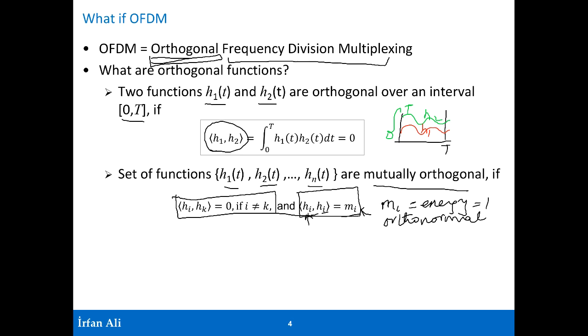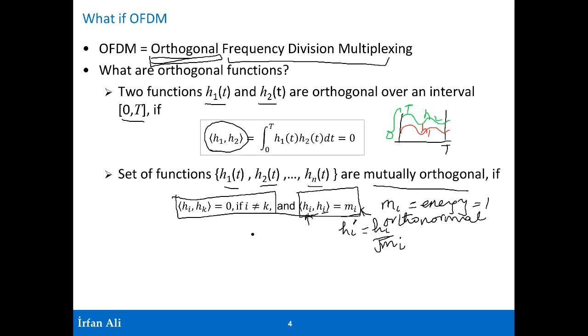And that is a good simplification, because it allows you to figure out if a particular signal is present or not by just normalizing that signal by the energy that it has. So you can create an orthonormal set of functions from an orthogonal one by just dividing that function by the square root of the energy in that signal.